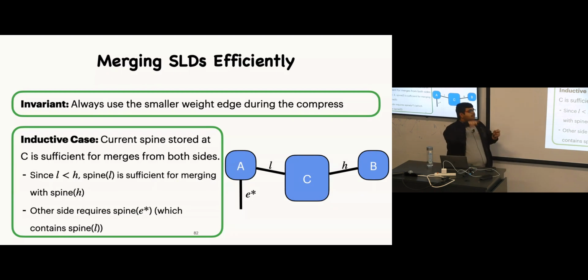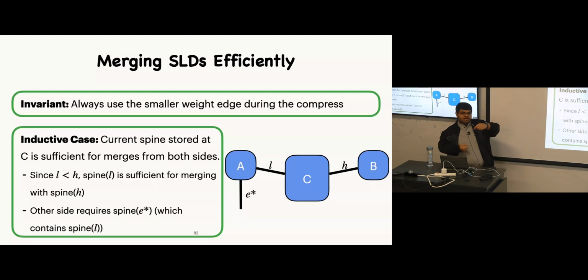So in a future merge, we would merge the cluster containing C with B, right? For that merge, you would require the spine of the smallest weight edge incident to H, or the vertex corresponding to H. But we know by induction that we do have a spine which has that information.